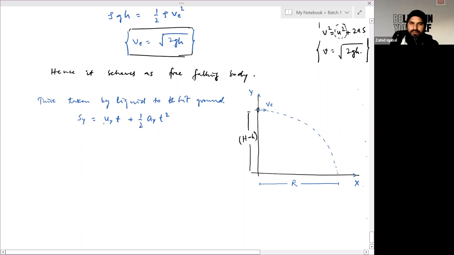We are considering along the y-axis. So displacement along the y-axis is h minus h. Initial velocity along the y-axis is 0, and the acceleration along the y-axis will be gravity. So t will be equal to the square root of 2 times (h minus h) divided by gravity. Khalid, is it clear?